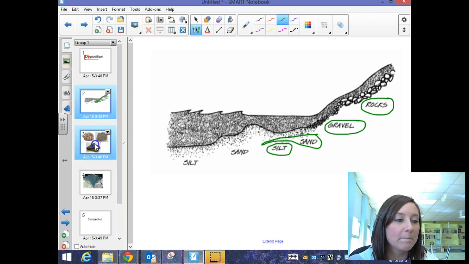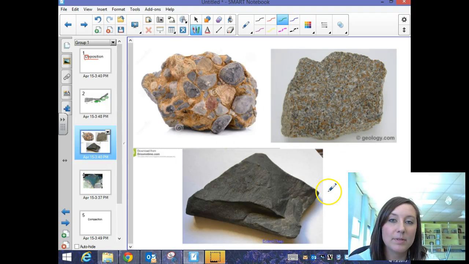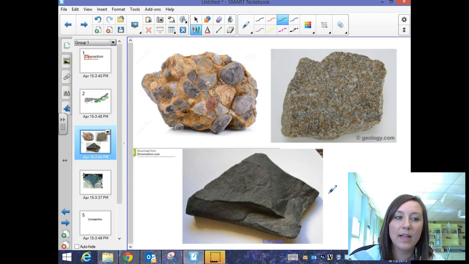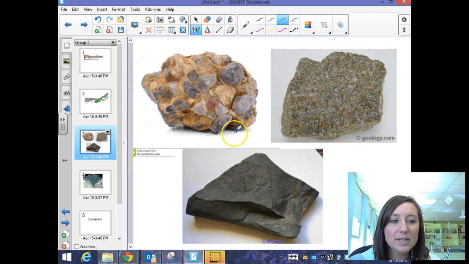So when we look here at these 3 different types of sedimentary rock, if we have that large layer of bedrock, that tells us that at this time, this was the type of environment that was present. With conglomerate, what this was telling us was that there was a lot of water that had a lot of energy to it because it could carry those pebbles. So we have very fast-moving rivers, something with a lot of energy to it.